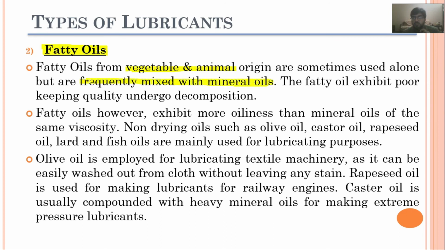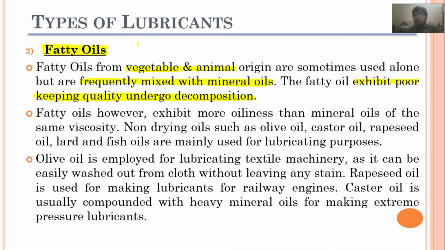The purpose why they are being used with the mineral oil is that they exhibit poor keeping quality, meaning they will undergo decomposition during the lubrication. So in order to maintain its quality, so that it does not decompose, they are being mixed, they are being used with the mineral oils.